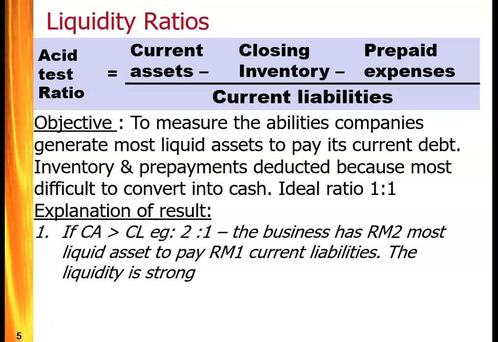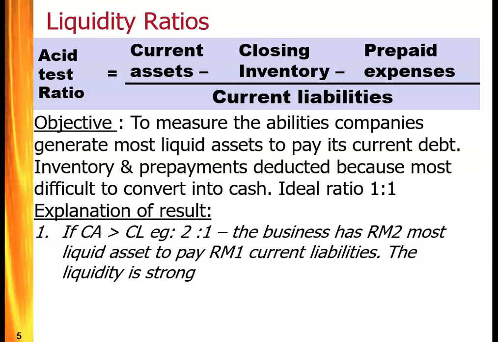let's say 2:1, you will say that the business has 2 ringgit of most liquid asset. Just now, for the current ratio, we used the term current asset, but for the asset test ratio we must use the words most liquid asset to pay 1 ringgit of current liability. And again, we conclude that the liquidity is strong because the ideal ratio is 1:1 but the result that we have is 2:1.